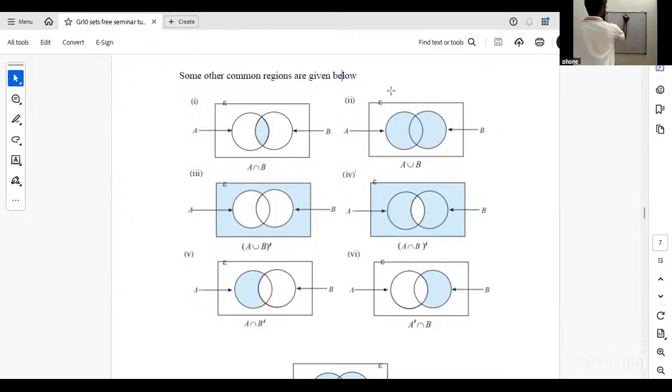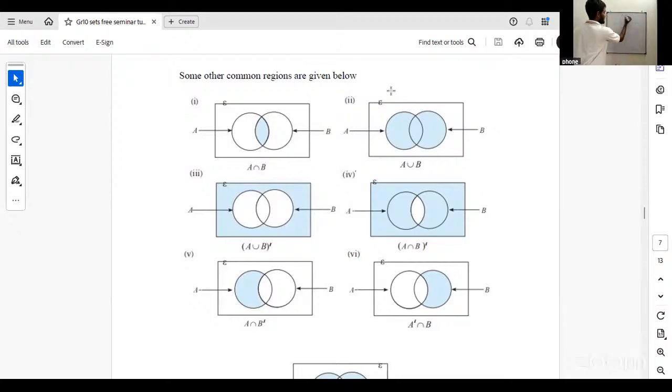A union B. Here you have only two sets, A and B. First of all, we take these individual ones. A belongs to this one, this one. B belongs to this one, this one.